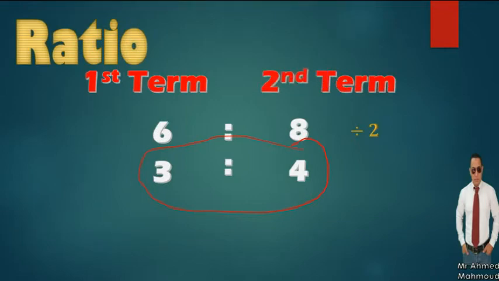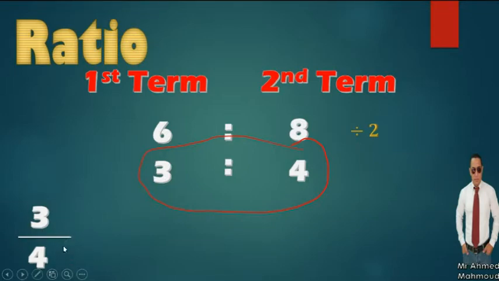Okay, now I'm going to write the second form of the ratio. I will put 3 like this, write a fraction line and write 4 like this. Now 3 to 4 equals 3 over 4. We can write the ratio in this fractional form, and most of the time we are going to use this form.